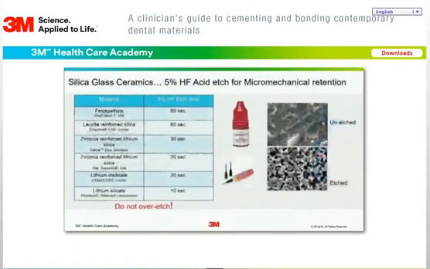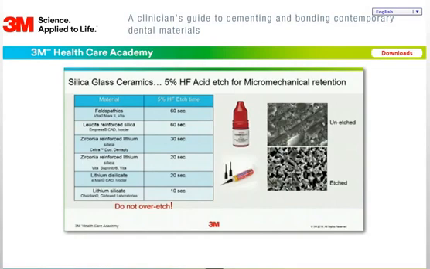Many of us, though, who now currently use these products or who intend to use these products don't realize, first of all, that the acid etching component with hydrofluoric acid is a critical element in terms of providing a micromechanical retentive surface for it. Now, understand that it may seem that the acid etching of these particular products is going to be the same for any one product.